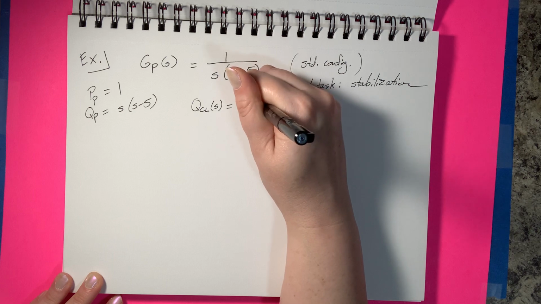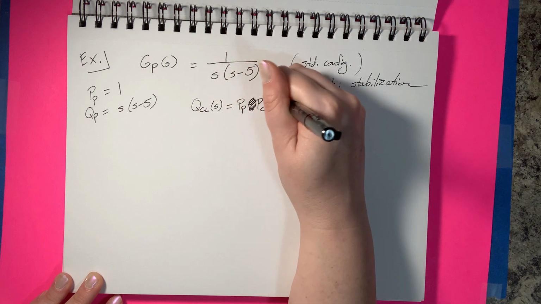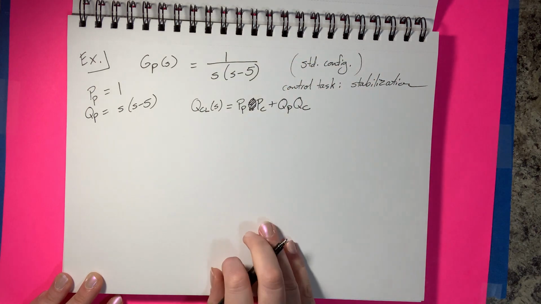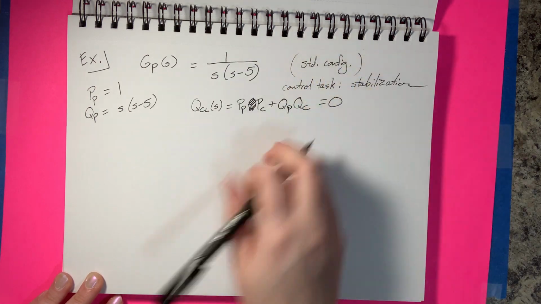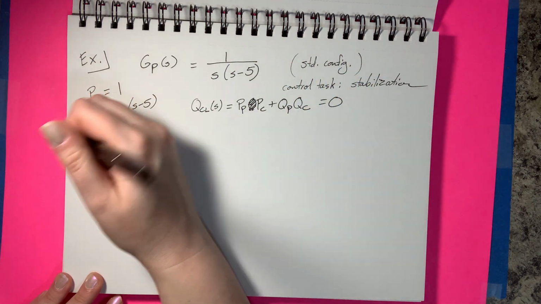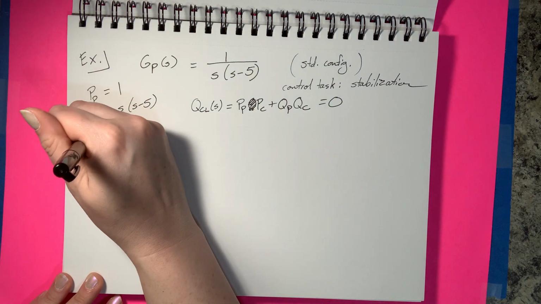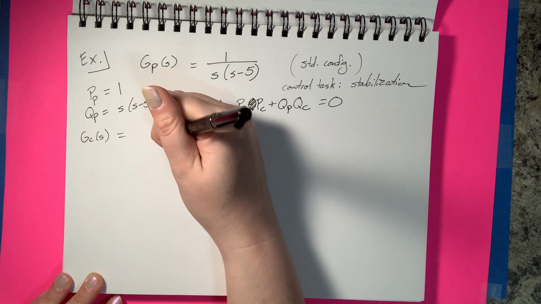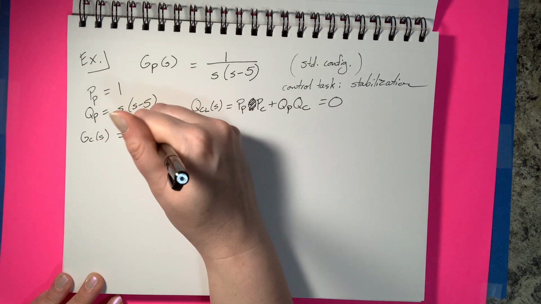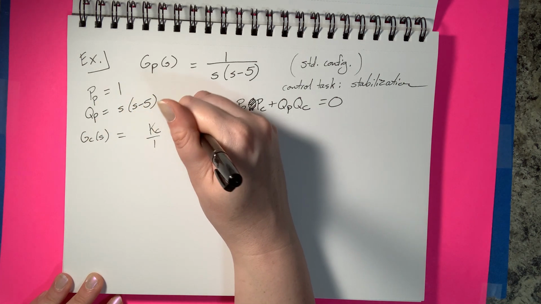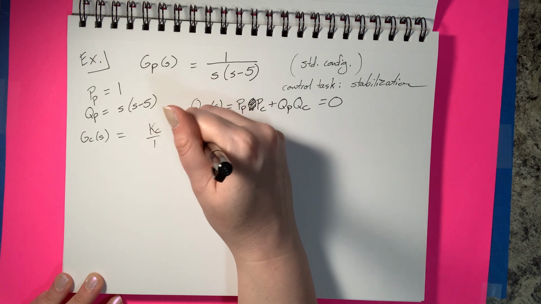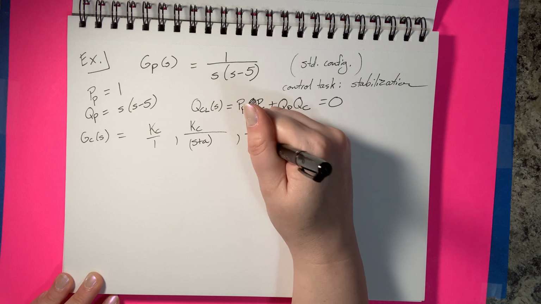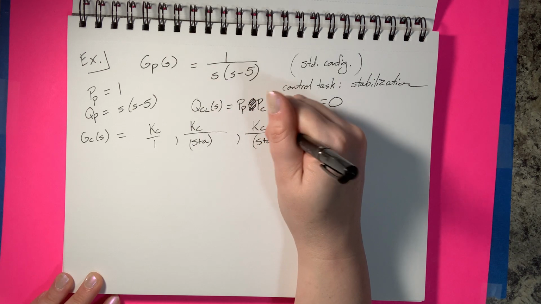Oops, wrote a Q. Don't want to do that. All right, there we go. And that, of course, has to be set equal to 0. All right, and then we want to make sure that we have our GC of S trial designs ready. So we want to start with KC over 1, KC S plus A, and KC S plus A, S plus B.